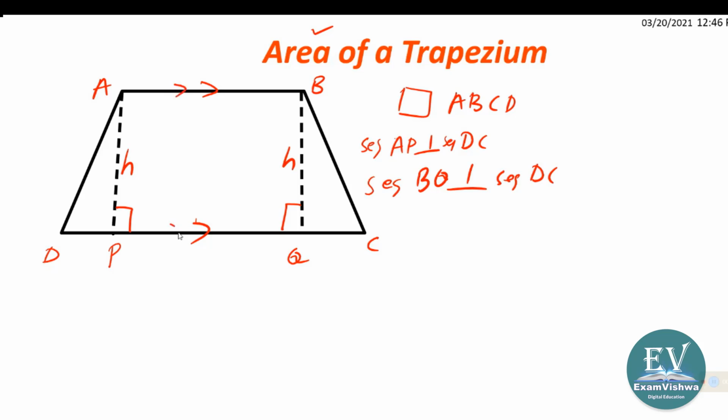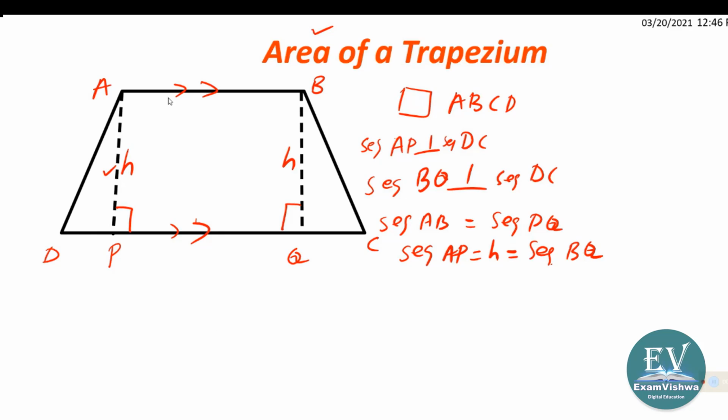This AB became equal to segment PQ, and it is also notable that this segment AP, which we have named as height, is equal to segment BQ also. These are the things we observe after making the construction.